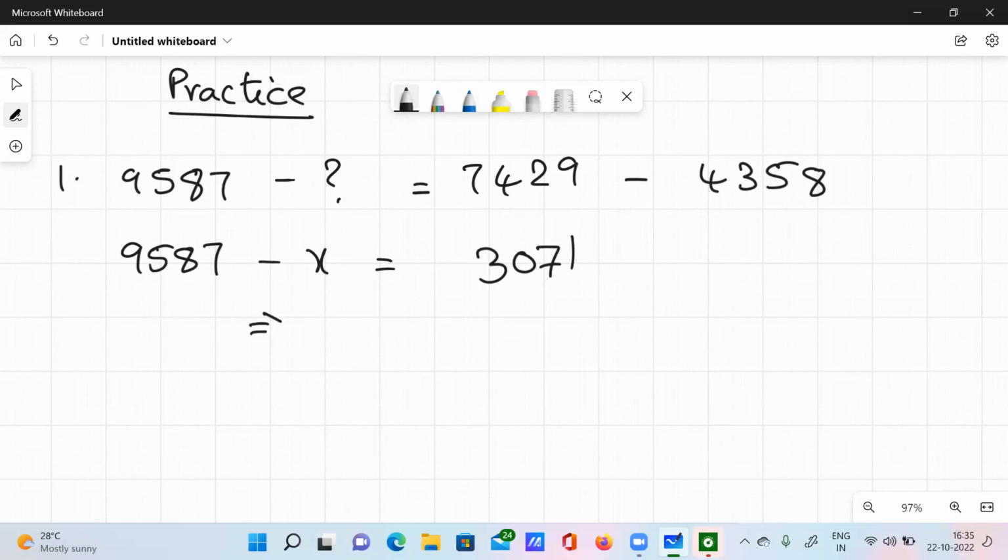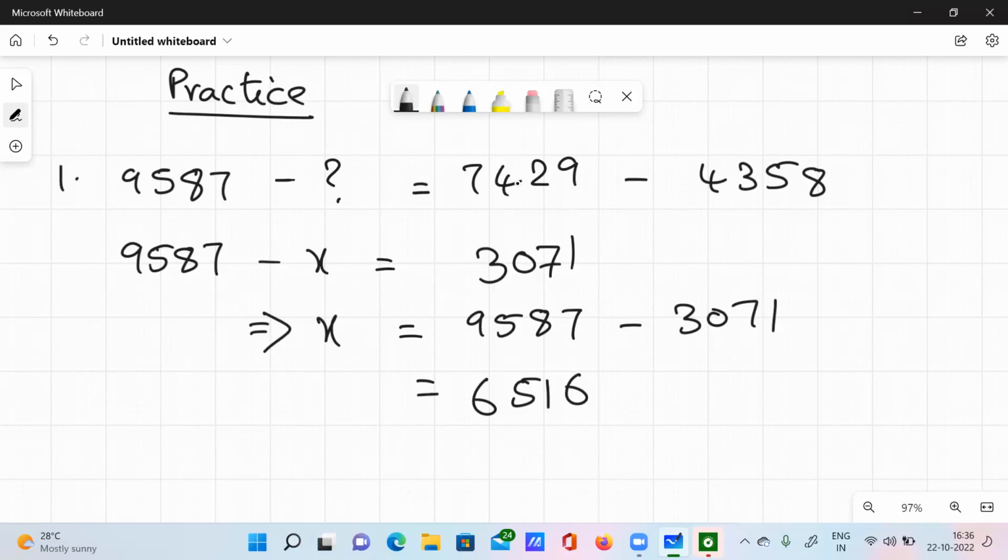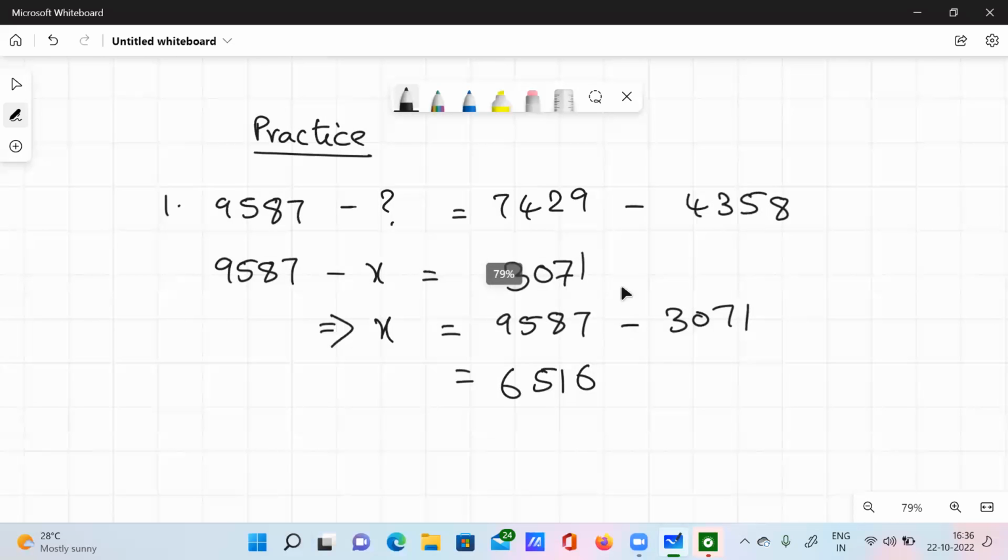If you want to find x, x goes to the right, and this 3071 comes to the left. So 9587 minus 3071. So how much? 7 minus 1 is 6, 8 minus 7 is 1, 5 minus 0 is 5, 9 minus 3 is 6. Right. So this will be the value. So this is problem 1.